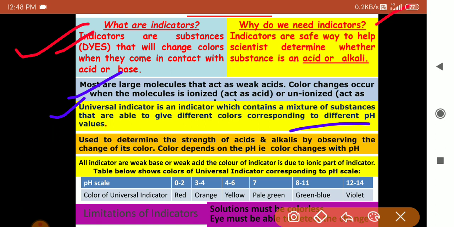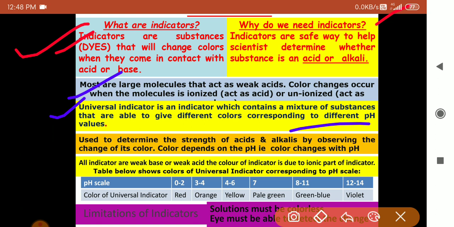Universal indicator solution is not a simple single substance; it is a mixture of substances. As the pH, meaning power or potential of hydrogen ions, increases or decreases, the color also changes. That's how the universal indicator works, and it is used to determine the strength of an acid and alkali by observing the change of its color.